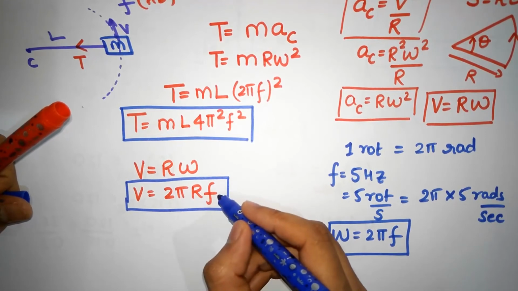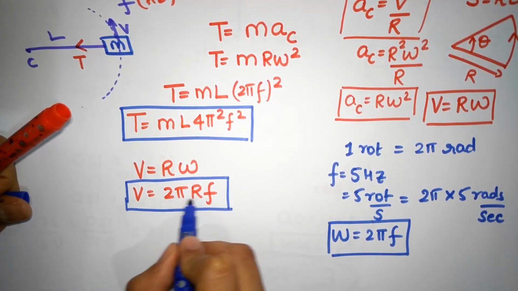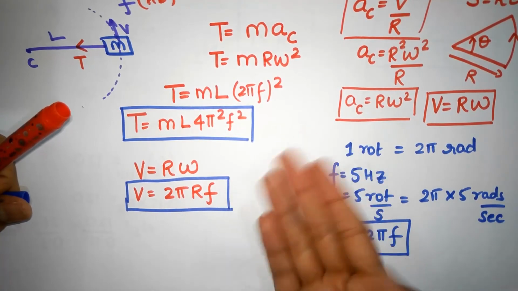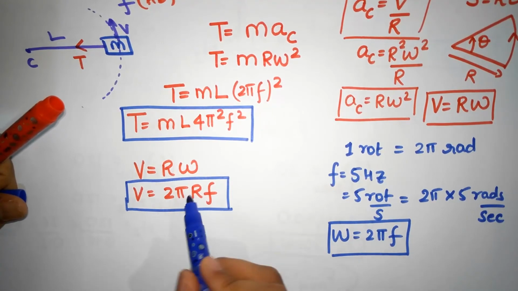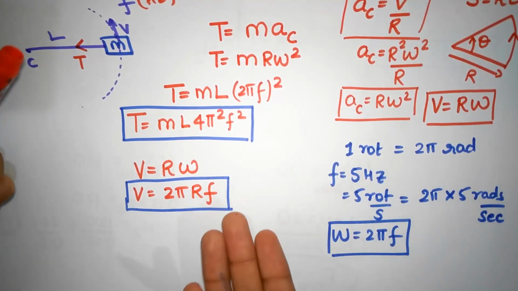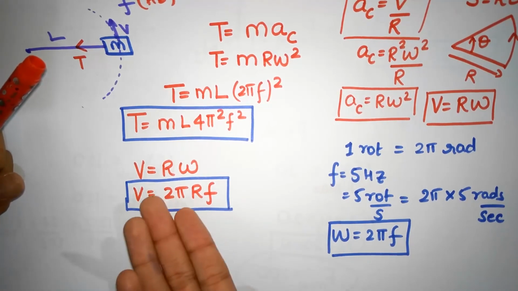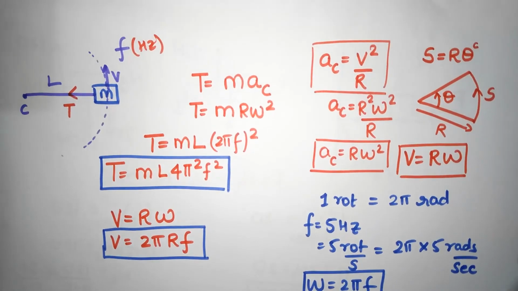If f is 1 rotation per second, then the distance traveled in 1 second will be 2 pi r, the circumference. If there are 10 rotations, then the distance traveled in 1 second is 2 pi r times 10. So 2 pi r f is the distance traveled in 1 second, which is nothing but the speed. So we have solved our first problem on circular motion. Let's do some more in the next case.